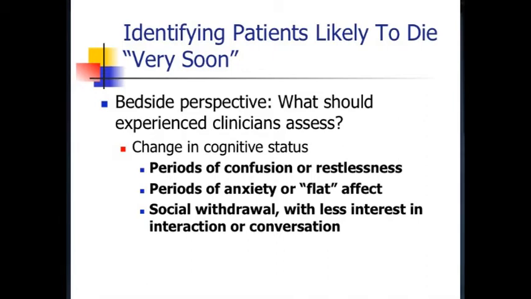When looking at changes in cognitive status, as I said before, you can look at a whole range of emotional and cognitive capabilities. So you're asking about confusion, agitation, anxiety, or flatness in affect, or social interactions. All of these may reflect early cognitive change. And I think that is a common mistake that gets made, I think, by other clinicians, that their threshold for recognizing cognitive problems or mental problems or encephalopathy is very high.